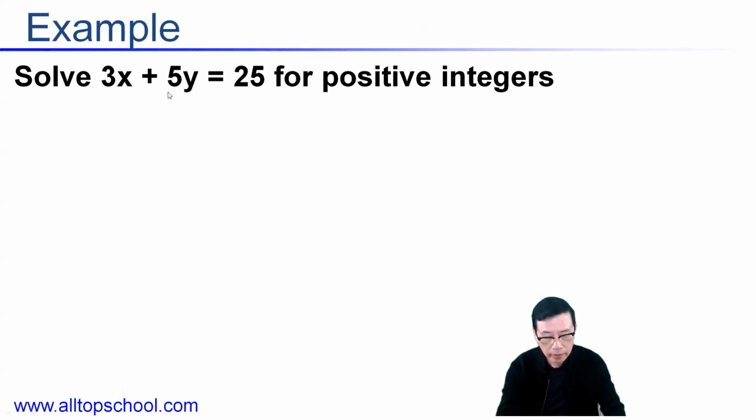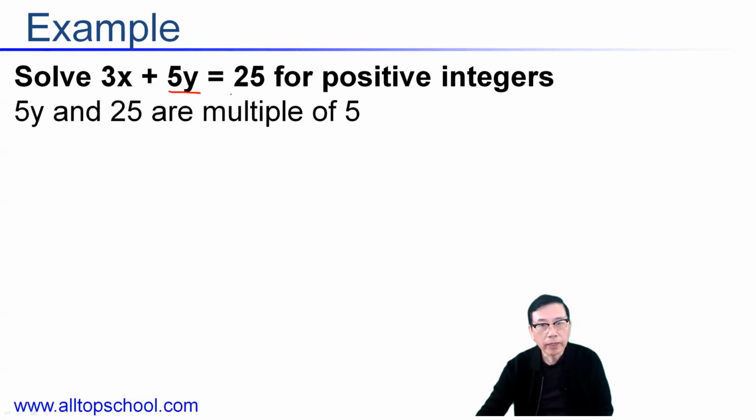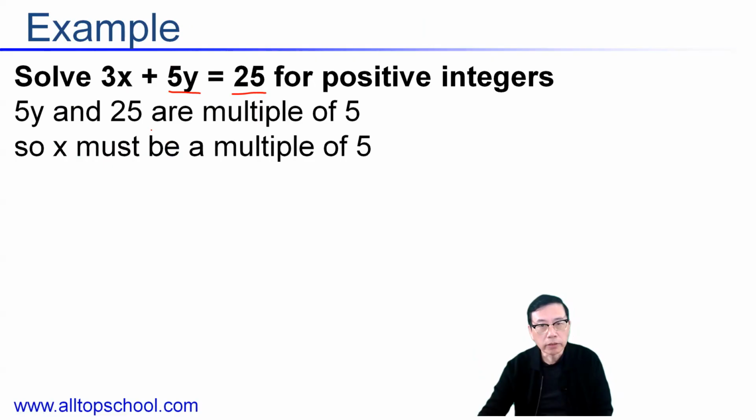You can look at the two terms here, 5y and 25. These two are divisible by 5. So in order for them to be integers, x must be a multiple of 5, because 3 is not a multiple of 5. Also you make sure they are positive integers, so 3x has to be less than 25 so that 5y is not equal to 0.